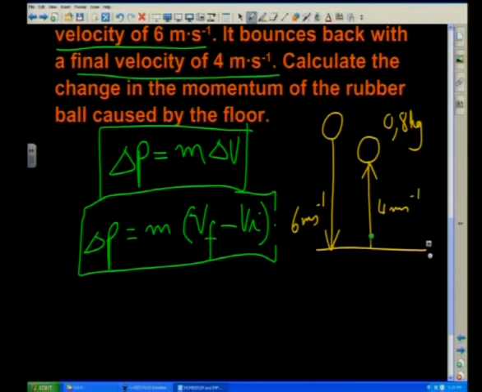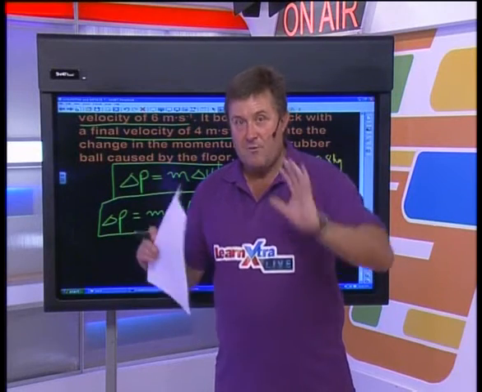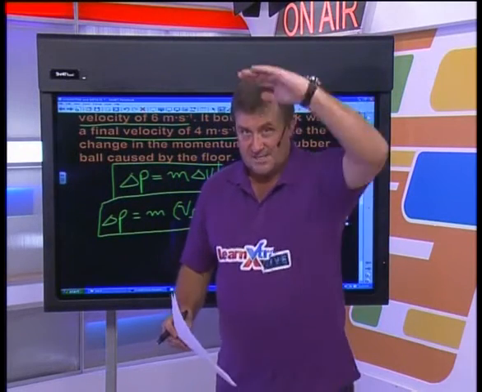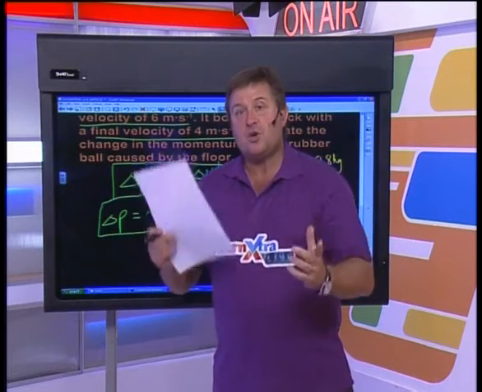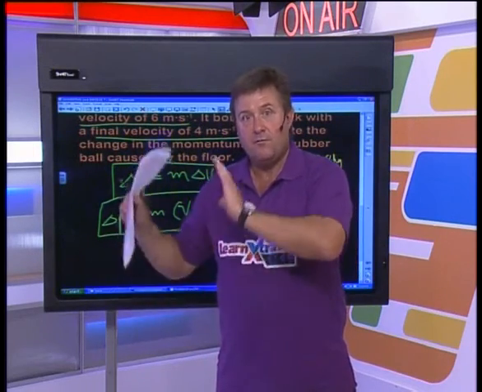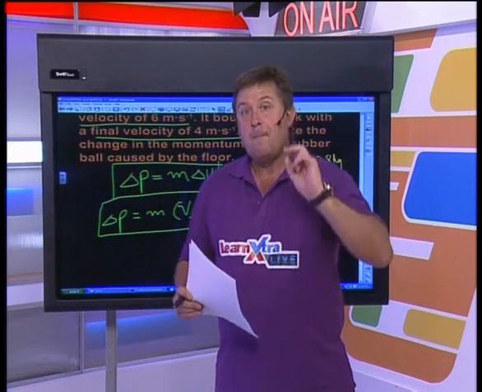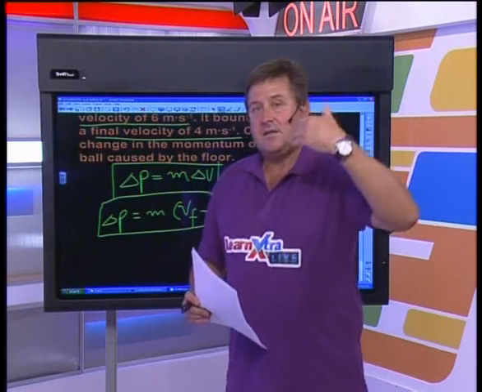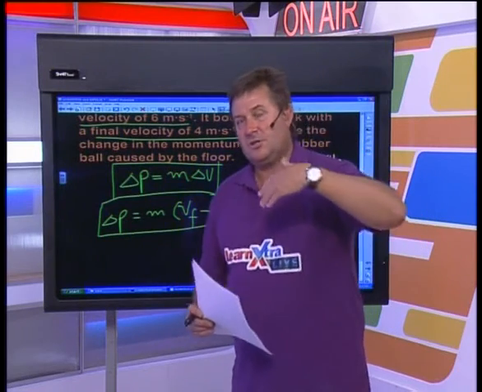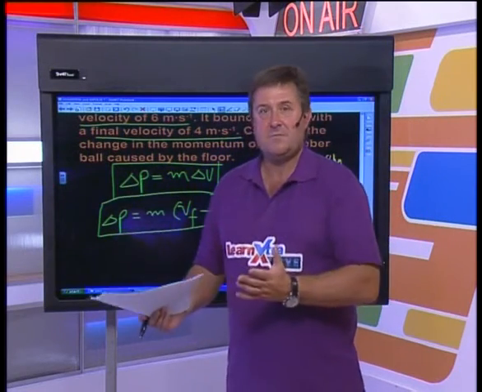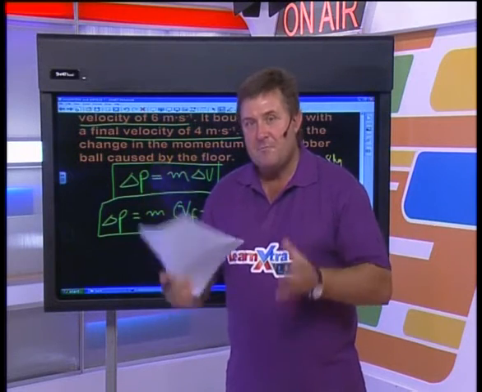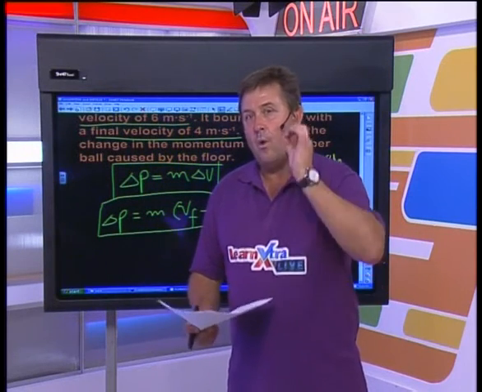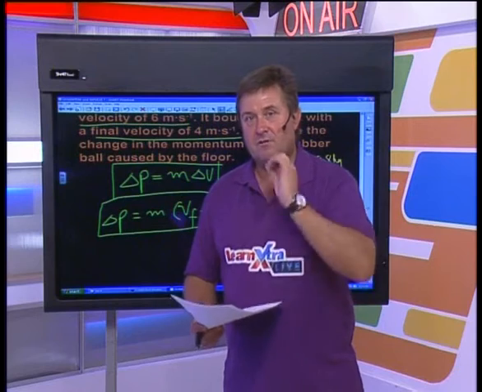Guys, can you see now we've got the concept of direction again? Dropped, so it's downwards and then upwards. So we have to now assign the correct sign for the calculation. We must take the direction change into consideration. Now, guys, the direction that you want to make positive and the direction you want to make negative is up to you. But an easy way to try and remember it is always say, what is my initial direction of motion?